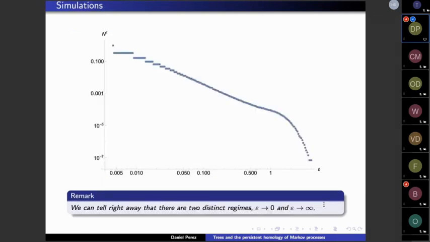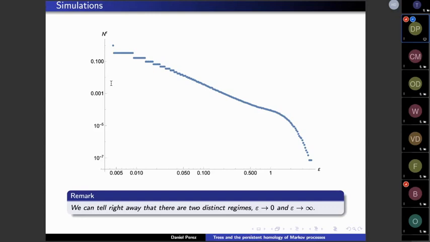So the first step is maybe to start simulating what happens to this n epsilon. Here's a simulation, and a couple of remarks about it. The first remark is that the way I did it is I just computed lots of Brownian paths, and then I calculated the persistence diagram for each one of those.